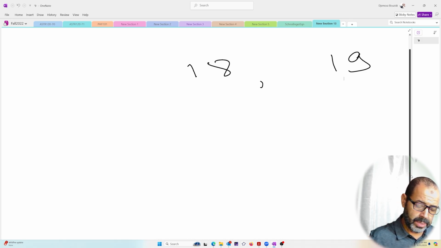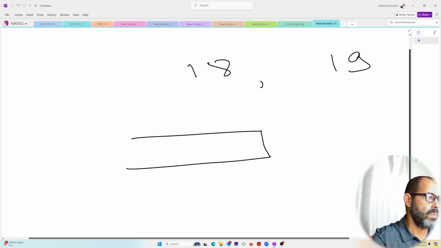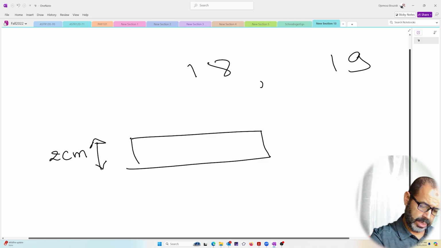So problem 18 says that a ray of light strikes a flat 2 centimeter thick block. So I'm going to draw the block. The thickness in here is 2 centimeters, and the index of refraction was given, n equal to 1.5.